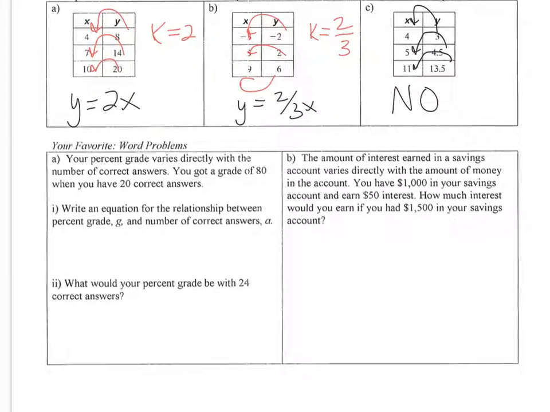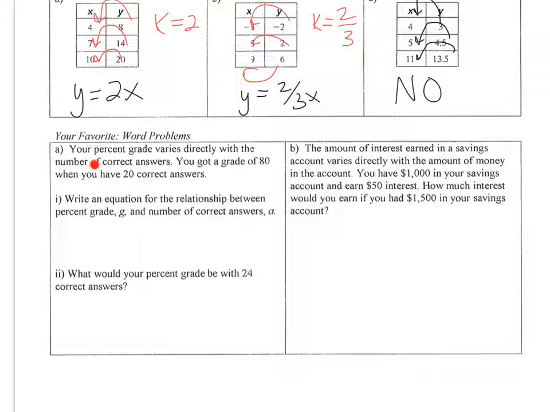We're going to look at a couple of word problems right here. Your percent grade varies directly with the number of correct answers. When you have a word problem, what you need to do is read where it says varies directly.